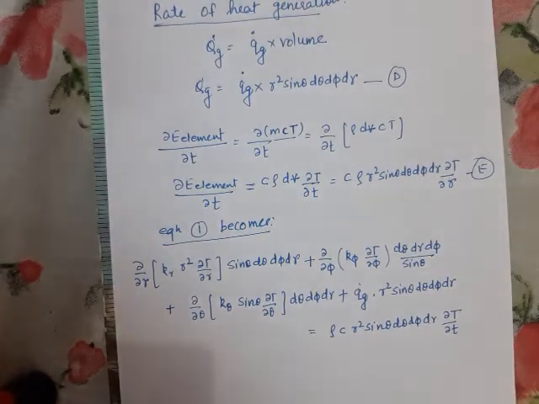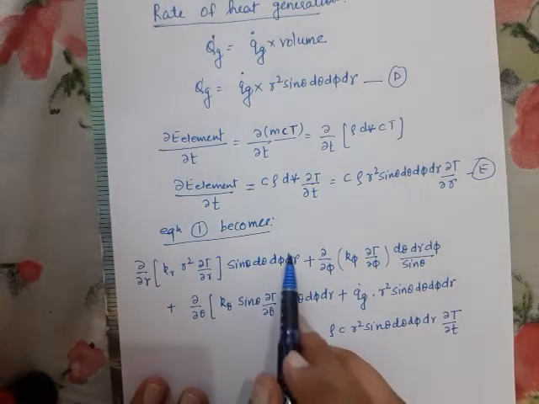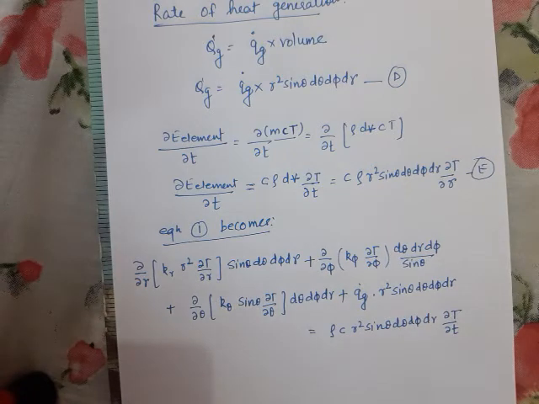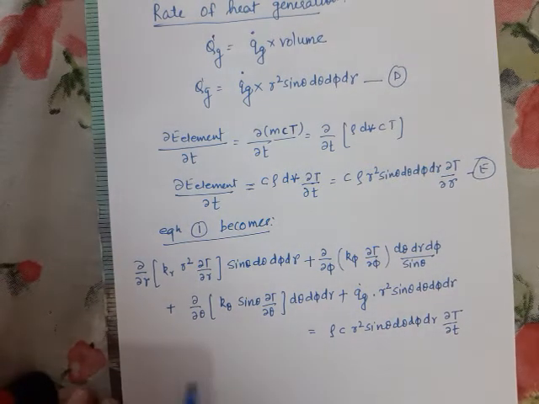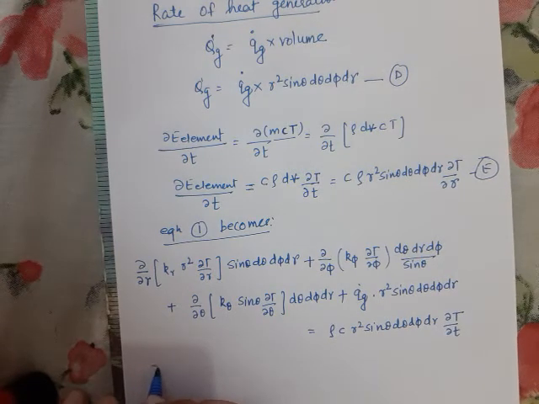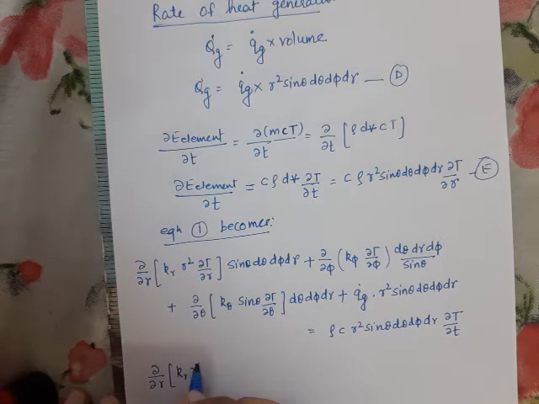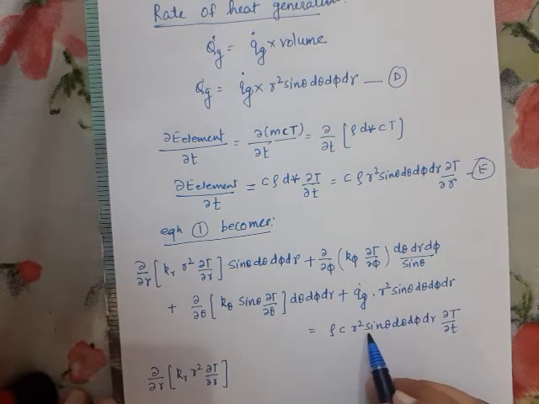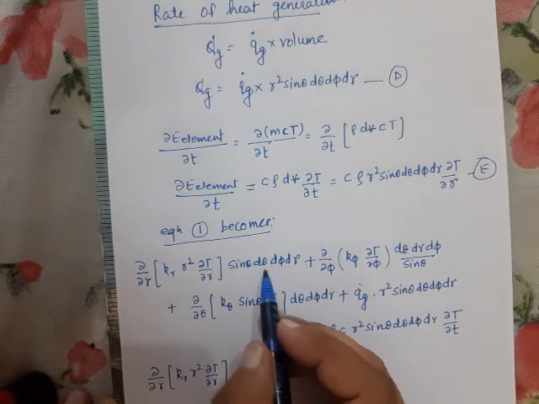Again, what will I do? Again, I have to convert each of the terms into volume terms so that the volume term can be cancelled out. So please, how to write these volume terms? Please note. This is del upon del R of kR R square del T upon del R. Now, since the volume is R square sine theta d theta d phi dr, what is remaining over here?